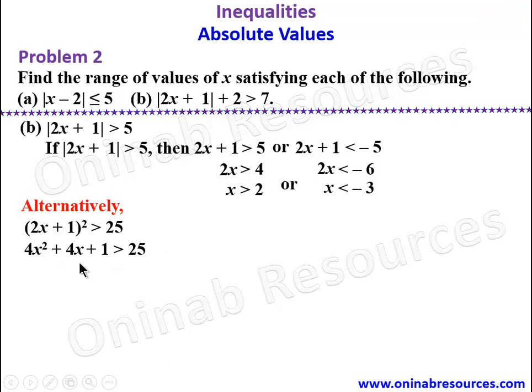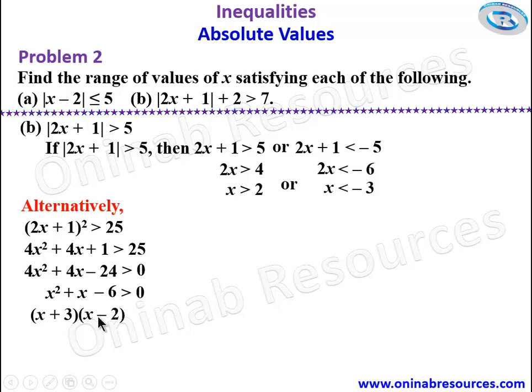Forming the quadratic inequality from here, 4x squared plus 4x minus 24 is greater than 0. Remember, we can divide through by 4. So we have x squared plus x minus 6 is greater than 0. So we factorize. That's giving us x plus 3 into x minus 2 greater than 0.